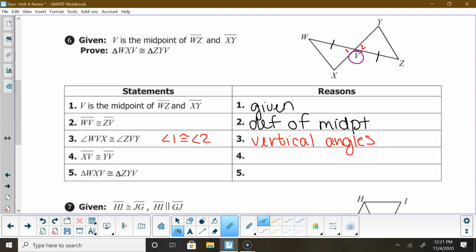Alright, now we come back down here and we're talking about XV being congruent to VY. So remember, they have a double. Okay, it says it's a midpoint of two different lines. So anytime you see this, you need to have definition of midpoint twice.